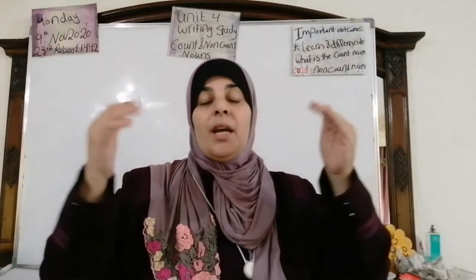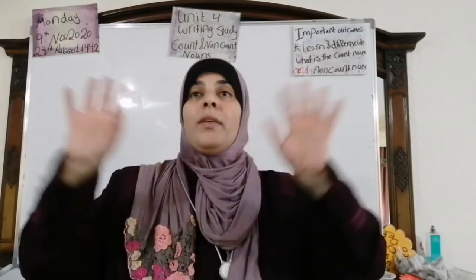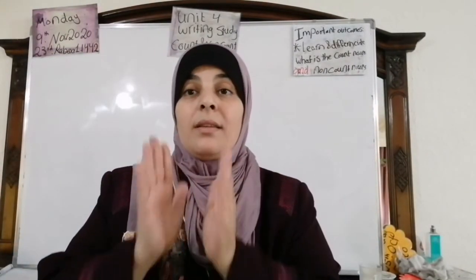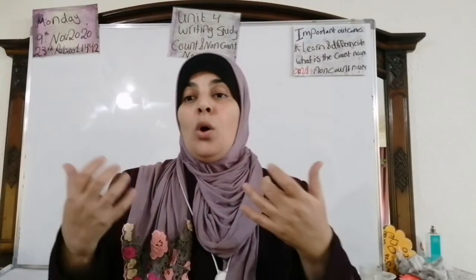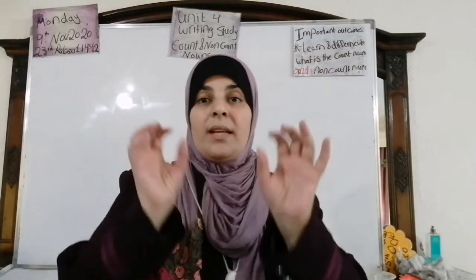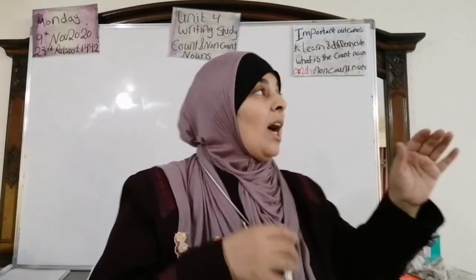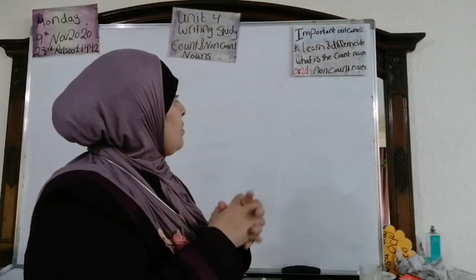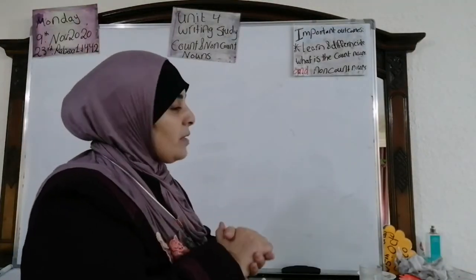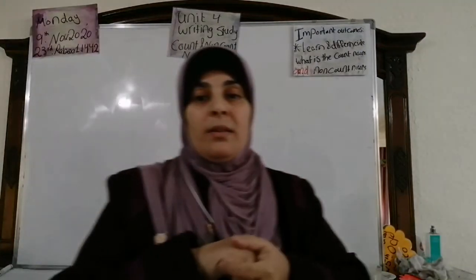And non-count nouns always take a singular verb, because we cannot count them, like milk, rice, sugar, water. That's why they take a singular verb. We accomplished our important outcomes. We learned to differentiate between count and non-count nouns, and we did the exercises today.